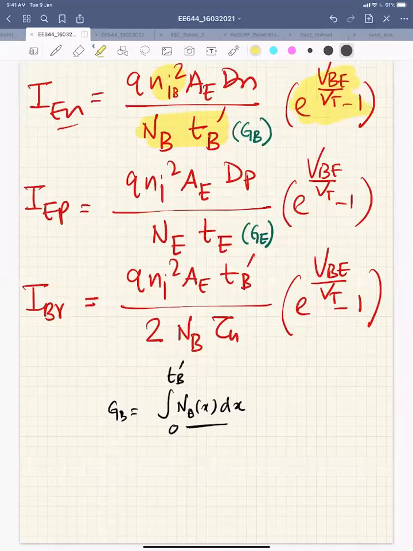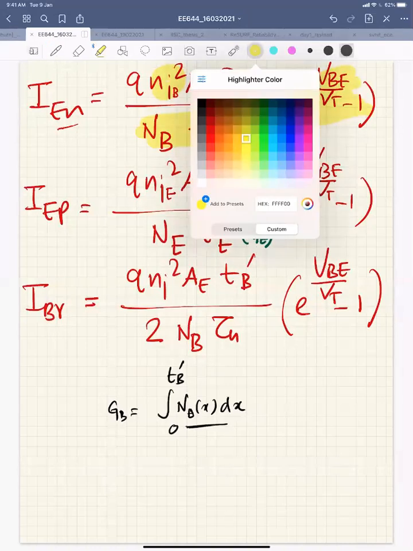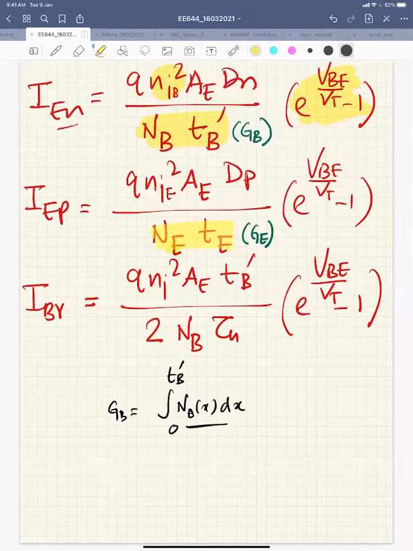IEP similarly depends on the Ni of the emitter. So Q Ni square AE Dp by NE TE, and here also this NE times TE is mostly written by the Gummel number of the emitter, because emitter doping may not be uniform.